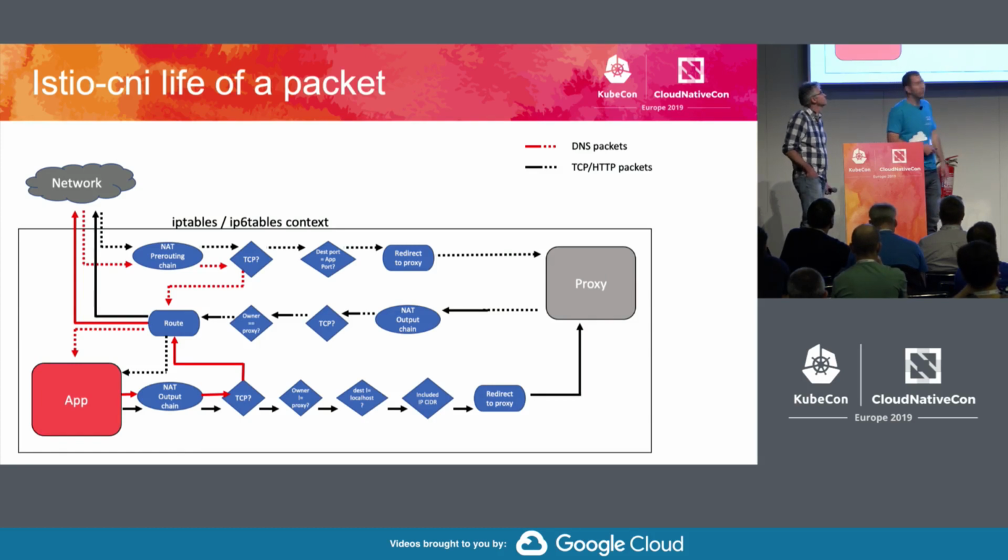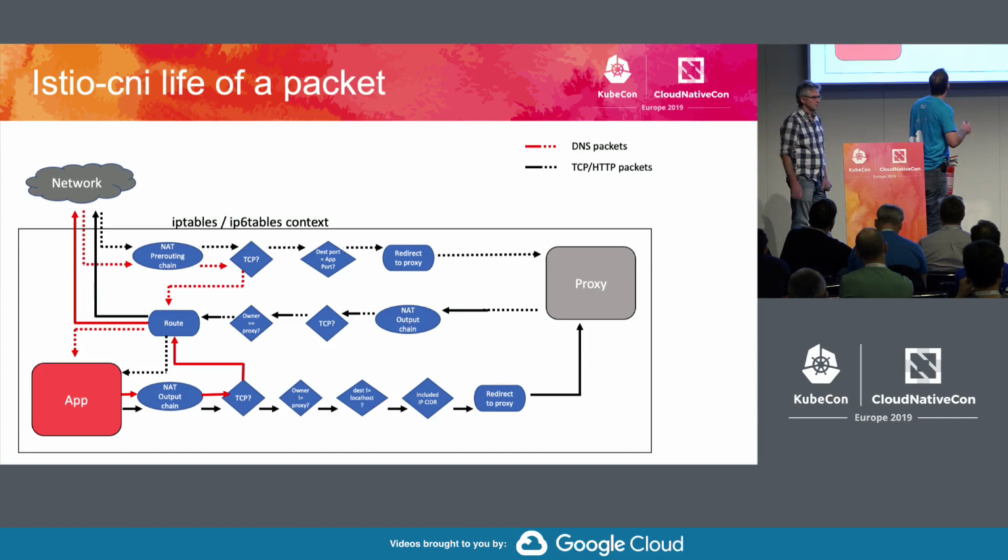So how does the IP tables work? This is kind of a dense slide, but the gist is that DNS traffic, when the app makes a request, DNS is not TCP, so it's going to end up getting routed on the network, and vice versa when it comes back.